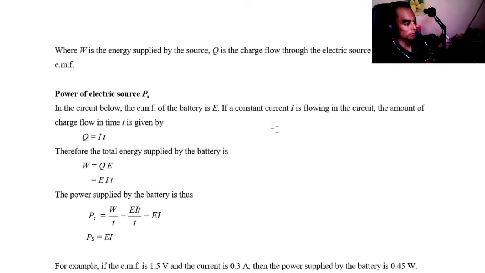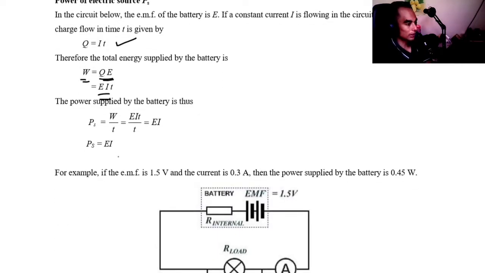Now the power of the electric source, PS. We know Q equals I times T, where I stands for current and T is the time. From before we have W equals QE, so W equals EIT. Power supplied by the battery is W over T, and we can cancel T, so we have EI.